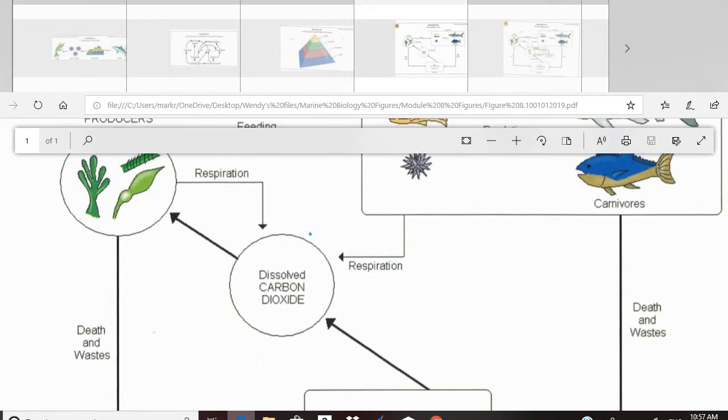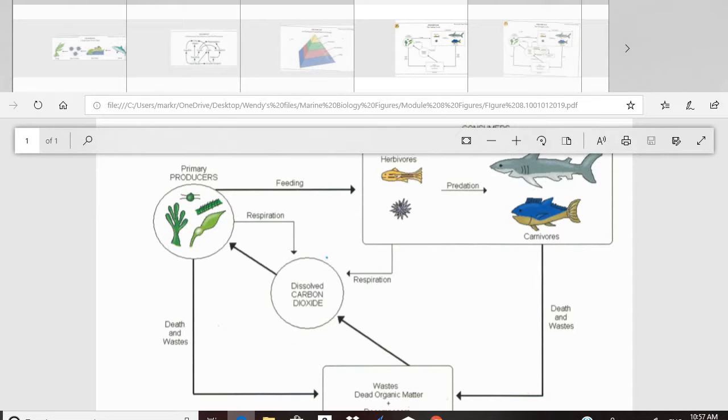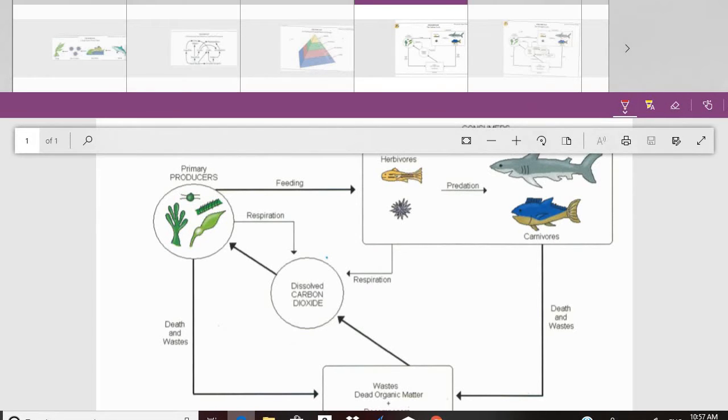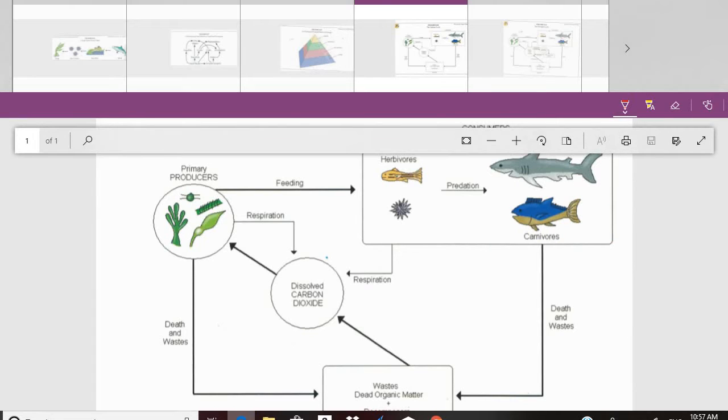Okay, so we'll start here in the middle. Carbon dioxide gets into the marine environment, where it gets dissolved in water. So here we have the carbon dioxide that is dissolved in water.